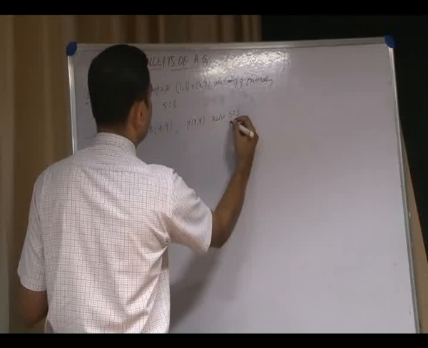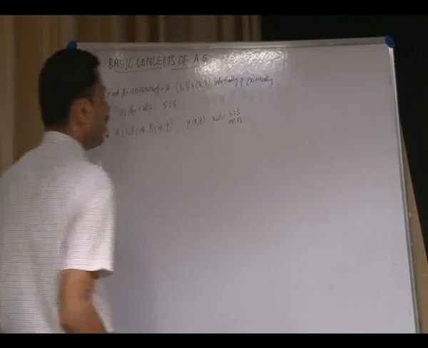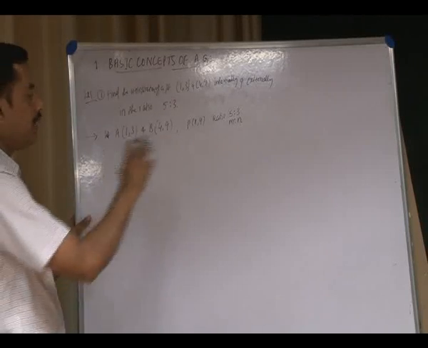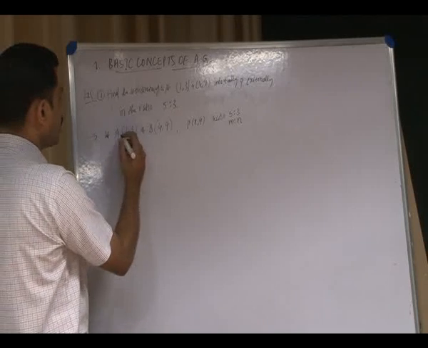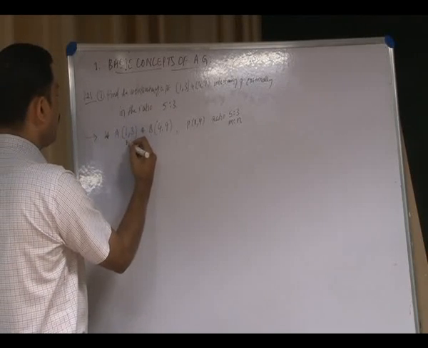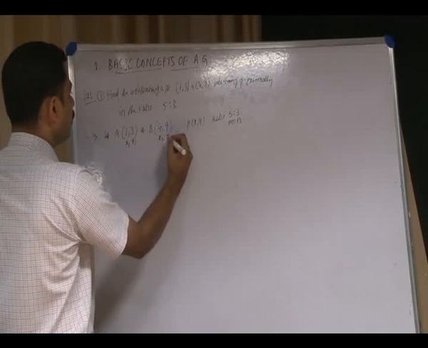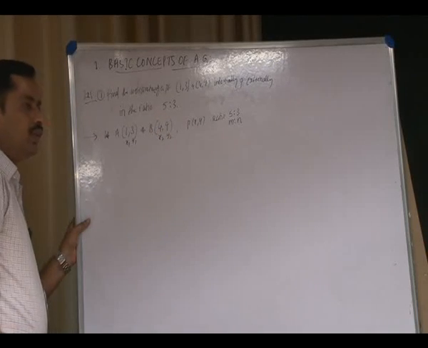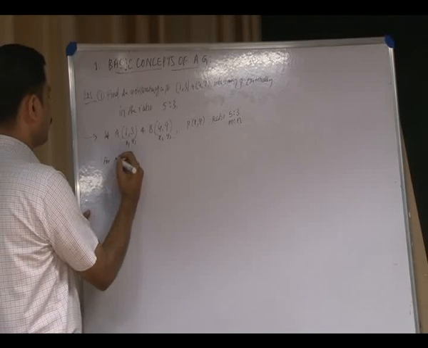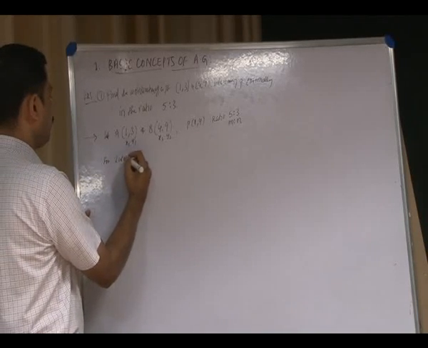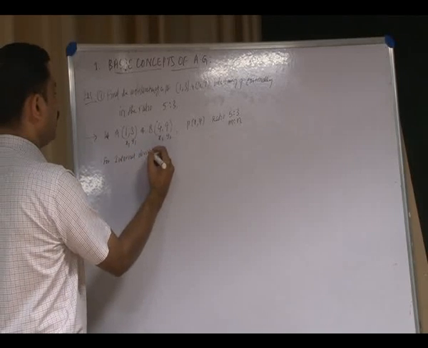So, the ratio is m:n, that means m value is 5 and n value is 3. The coordinates of the first point are x1, y1 and of the second point are x2, y2. First I will consider internal division.